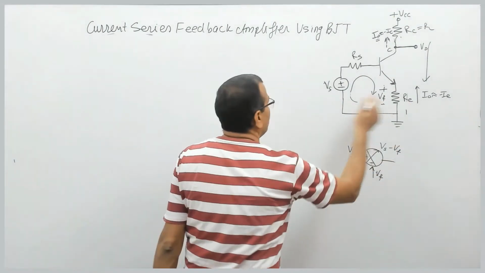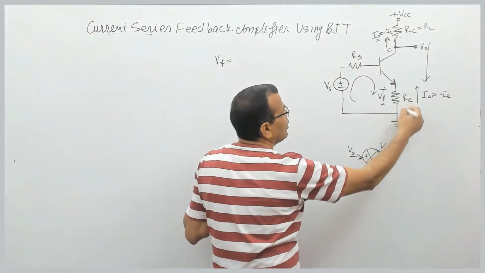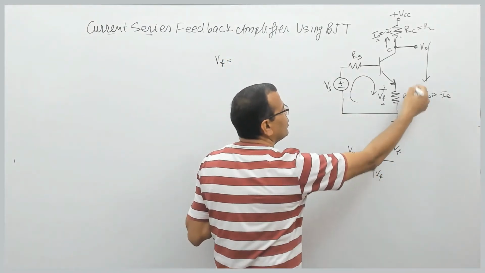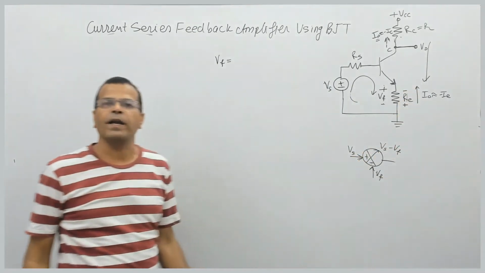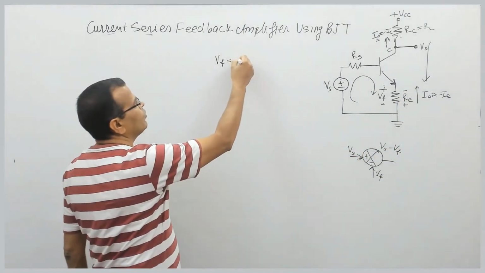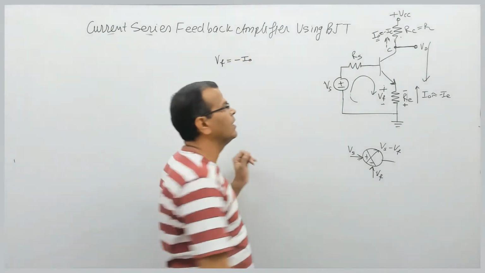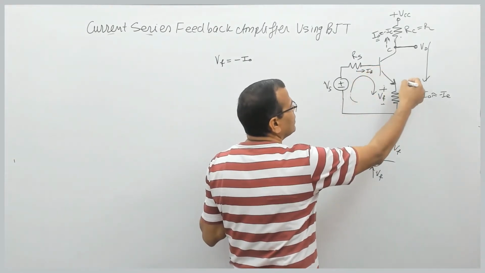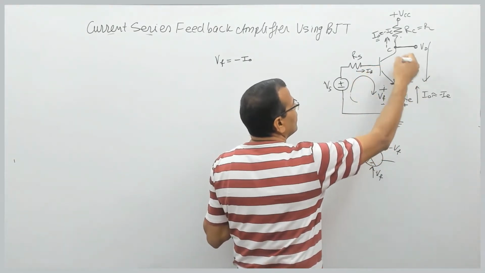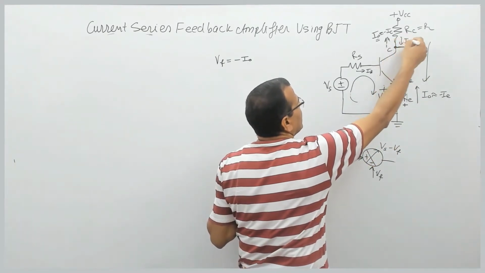But here, if you see, Vf is equal to what? Current I naught is going upward. If current I naught is going upward, so this end becomes plus, this end becomes minus. So Vf will be equal to minus I naught. Why am I taking I naught? Please see it. Here, what is the base current? IB. Here, what is the emitter current? IE. Here, what is the collector current which is going downward? IC.